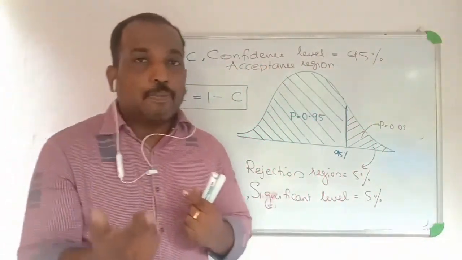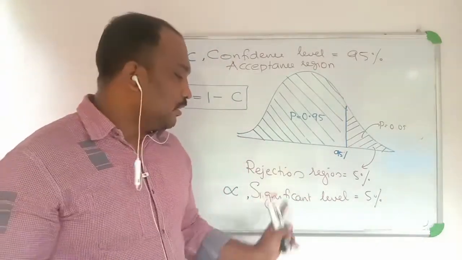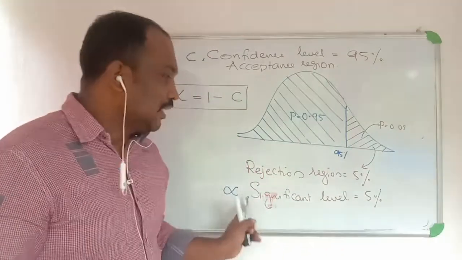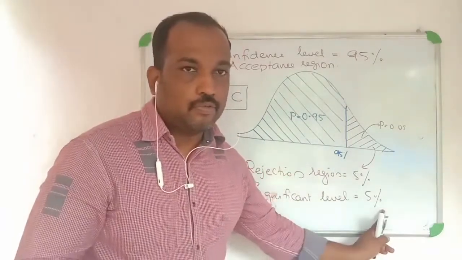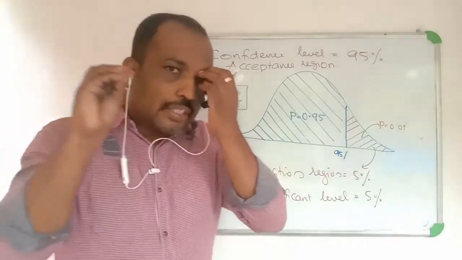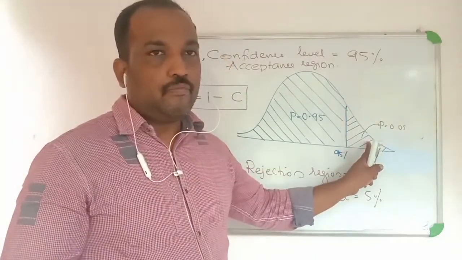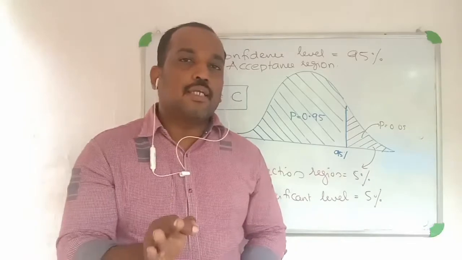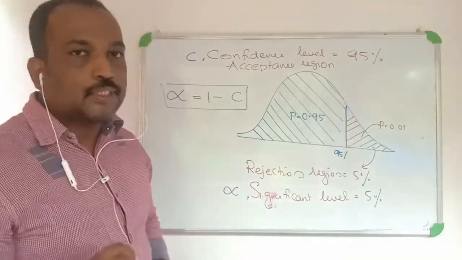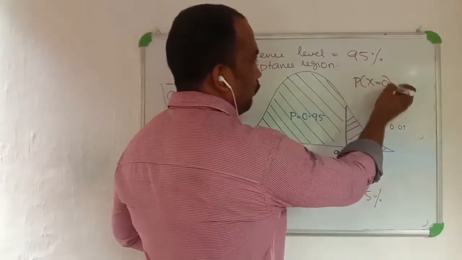When I am 95% confident, that shows you are not confident for 5%. That is the significant level. Whatever value you get within this significant level, if your result is within the significant level, like in the previous question where we calculated the probability of X equal to 0.